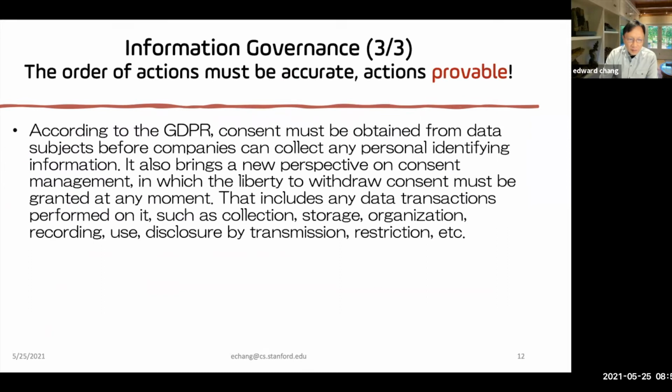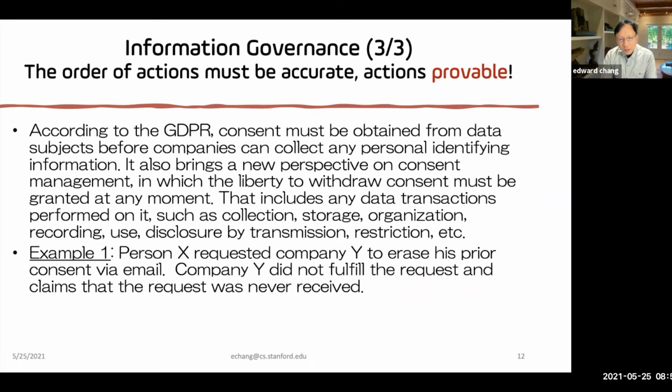So finally, a very subtle point, but it's extremely critical. I'm not going to read all these details. The critical thing is you have to be able to write down all your privacy safeguarding actions somewhere, and eventually your actions have to be provable.